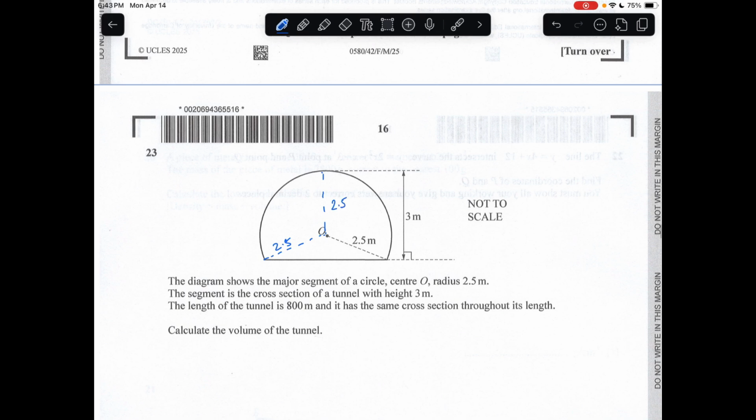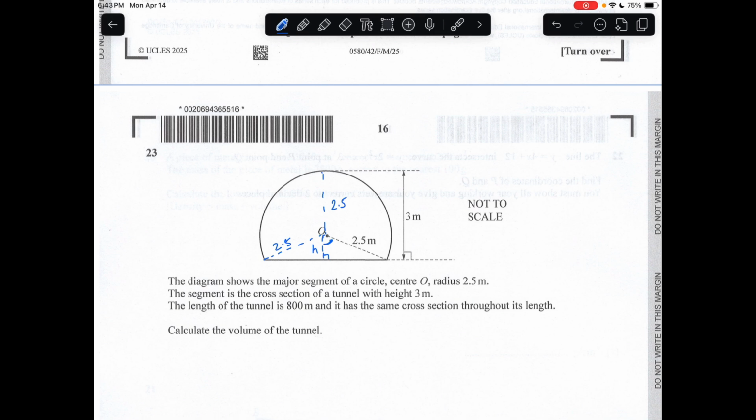If I am able to calculate this angle, let's drop a height, then I would be able to calculate the area of this triangle, then calculate the area of the remaining sector, and add them up to get the area of the base.